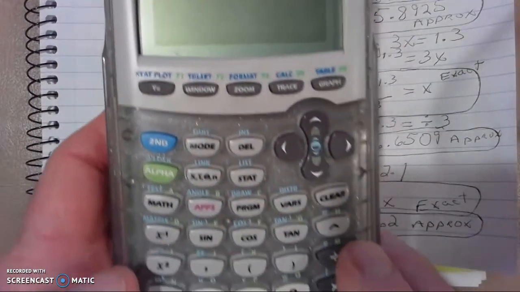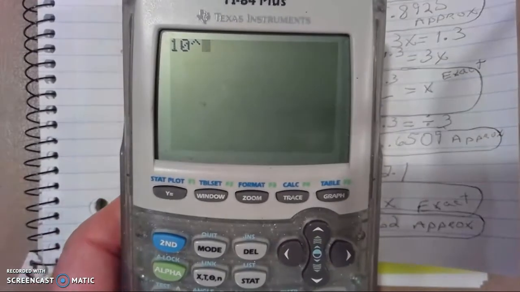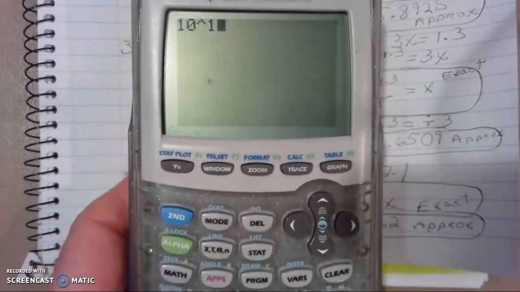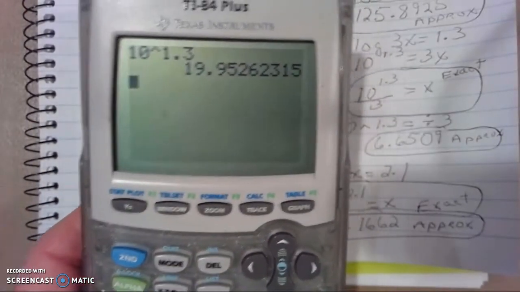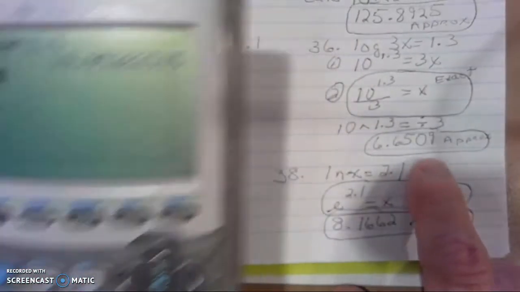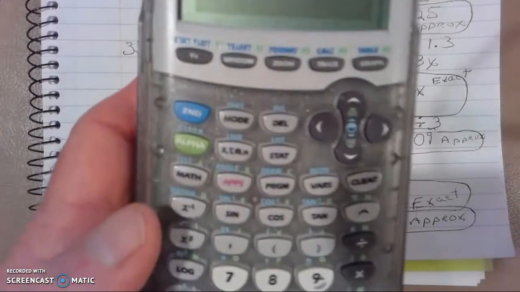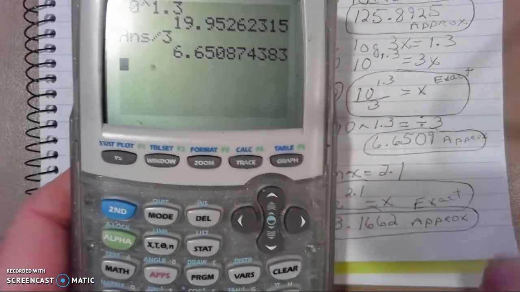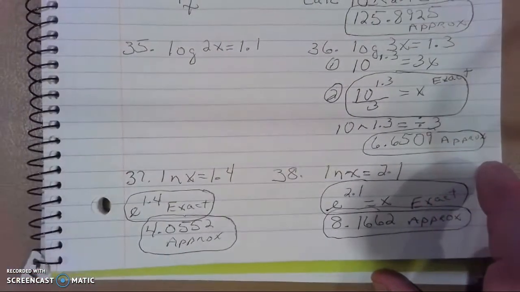And then I push the caret key, which is right there. And then I put 1.3, hit enter. That gives me my exponent. And then I still have to divide by 3, enter. And then I've got all those decimals, and I round it off at 4 places.